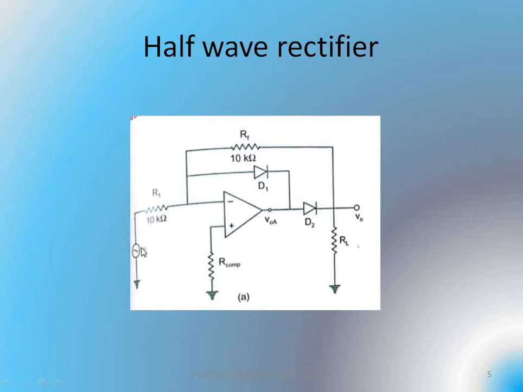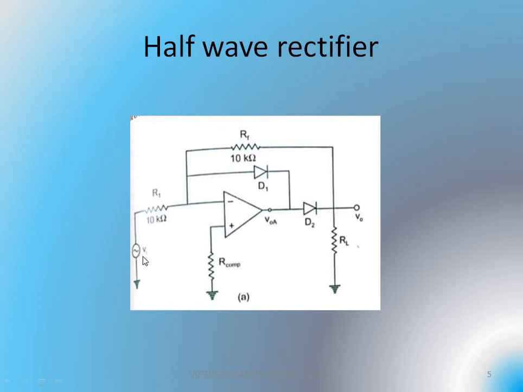And the applied input is provided to the inverting terminal of the operational amplifier. So whatever we get at the output, only the inverted condition is found at this point. So here you have an inverted output and that inverted output will be reflected here.